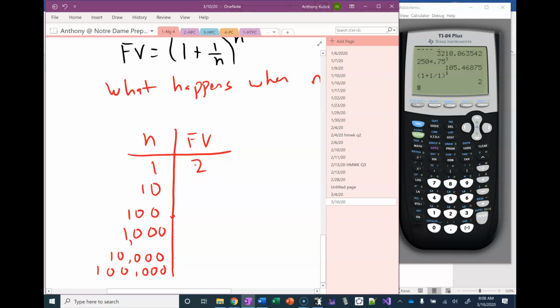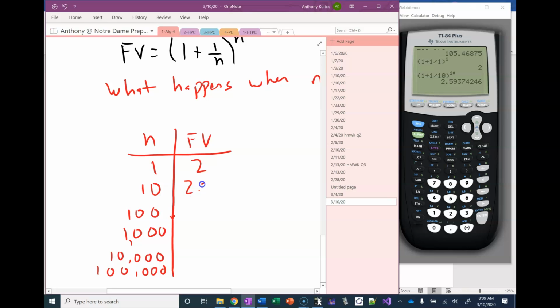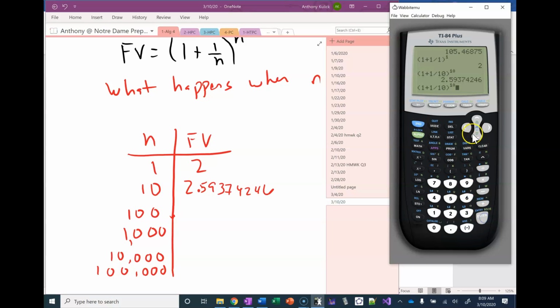So when I plug 1 in for n, I just get 2. When I plug 10 in for n, I get 2.59 and some decimals here. Then let's plug 100 in.